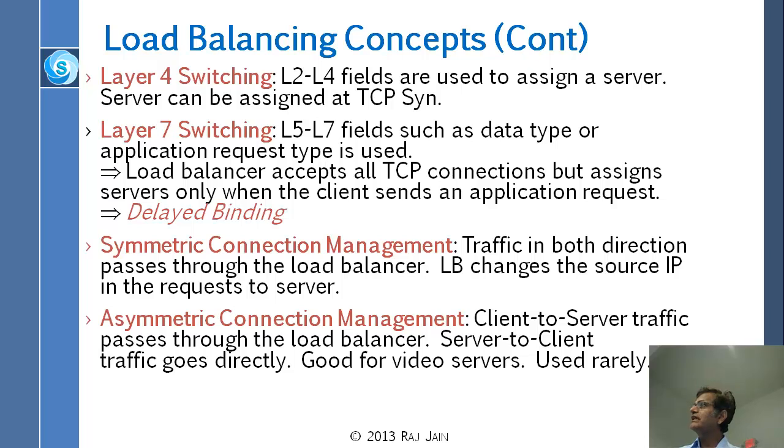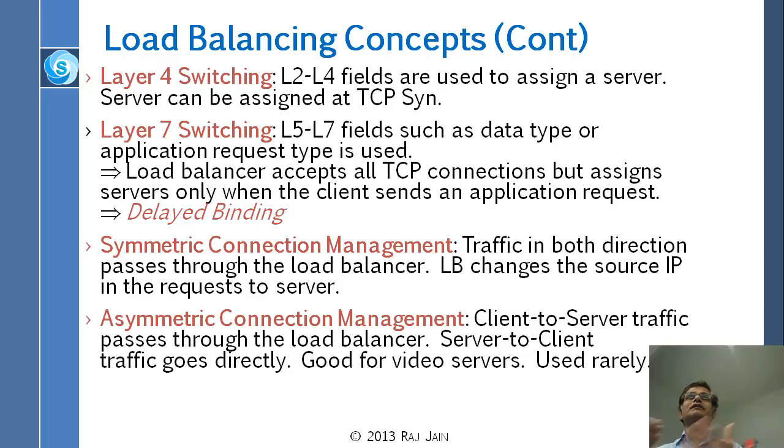Layer 7 switching is when you look at more fields, which means including layers 5 through 7. And really in the TCP/IP world, we know that there is no 5 and 6, so this is layer 7. If you want to send the video to this server and the accounting to that server, you have to look inside the application field and see what it is about.